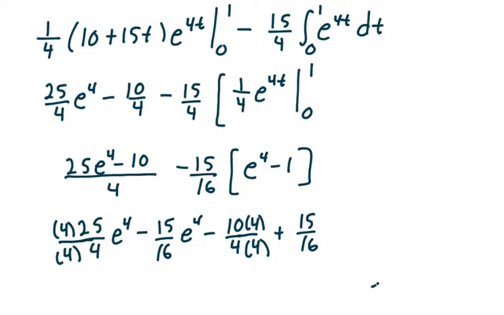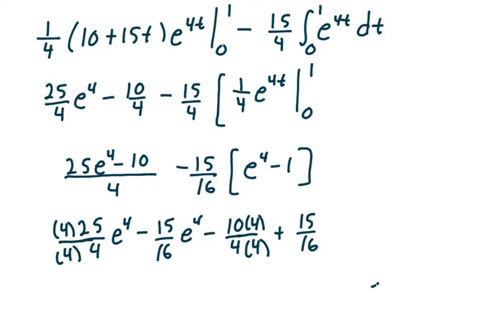So if I plug the 1 in for t, I get 25 over 4 e to the 4th minus 10 fourths minus 15 fourths times the quantity. And remember, the integral of e to the 4t dt is 1/4 e to the 4t. So I'm going to evaluate that from 0 to 1.